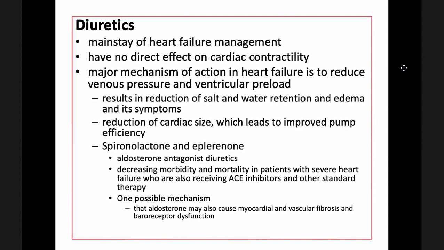So one possible mechanism why it would decrease the morbidity and mortality is that aldosterone may also cause myocardial and vascular fibrosis and baroreceptor dysfunction. So if you give your aldosterone blocker like spironolactone and eplerenone, this will halt your remodeling, so your vascular fibrosis.